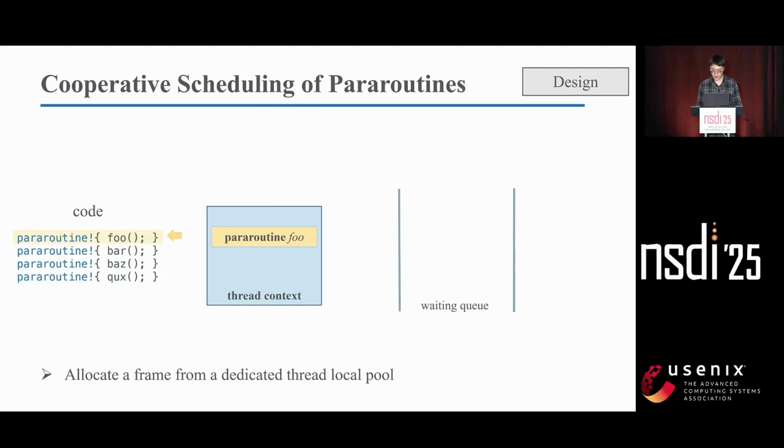As shown in the figure, the pararoutine foo is launched, and the runtime will allocate a frame for it from a dedicated thread-local pool, which is very fast. After which, the execution of this pararoutine begins. Once a remote access occurs, the pararoutine suspends and its continuation is enqueued into the waiting queue. The next pararoutine is then launched.